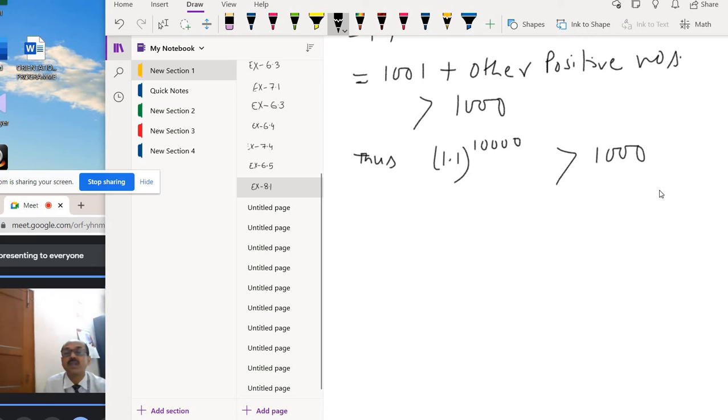Next, question number 11. Find (a plus b) to the power 4 minus (a minus b) to the power 4.